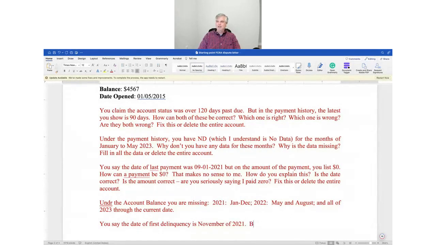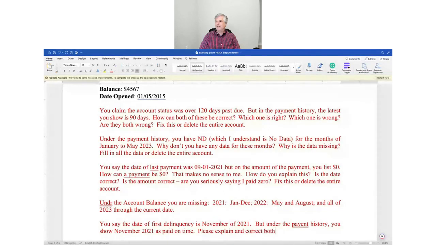But under the payment history, you show November 2021 as paid on time. It's amazing how important the M key can be here. Please explain and correct both of these or whichever one is incorrect, or delete the entire account.